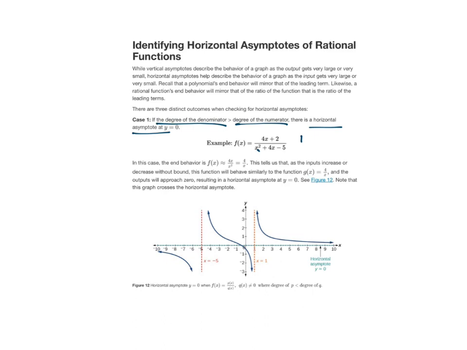What's the degree in the bottom? 2. If the degree of the denominator is greater than the degree of the numerator, the way that it trends is it goes to y equals 0 as your horizontal asymptote. Can y'all see that this is the rule?